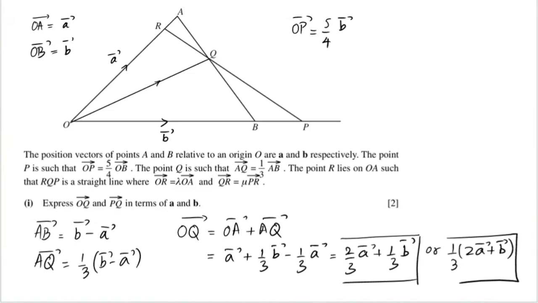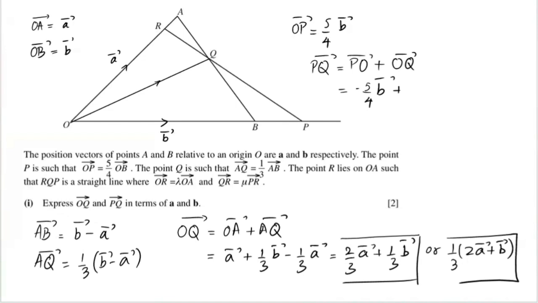So let's use them to get PQ. How do we do that? Head to tail or tip to tail rule. So in order to reach from P to Q, I can go P to O and O to Q. So when you switch vertices, the negative of OP is going to be PO. So minus 5/4 b plus OQ.